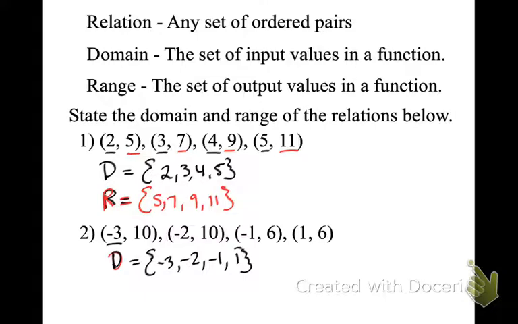And our range would be 5, 7, 9. Oh, whoops, I'm copying up there. It would be 10. I don't need to write 10 twice. And I have a 6. Okay, so the domain and the range, there it is.